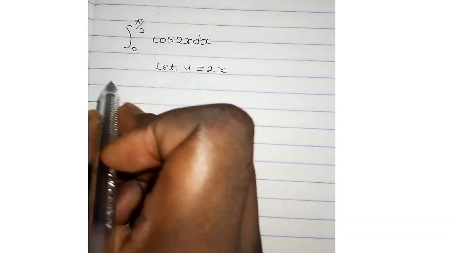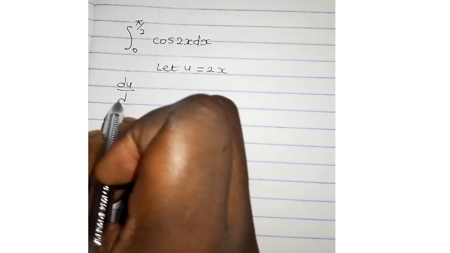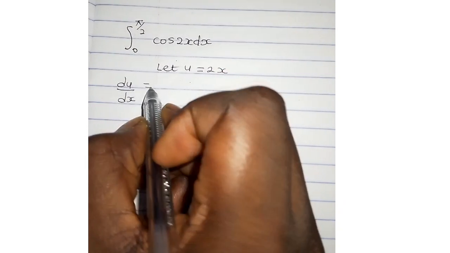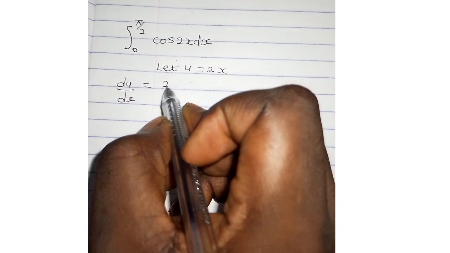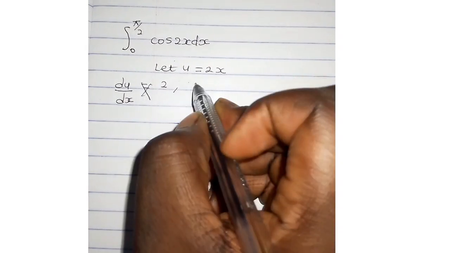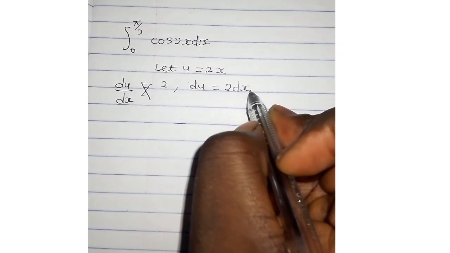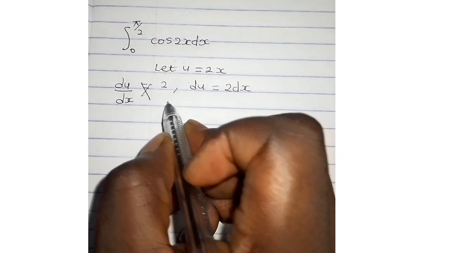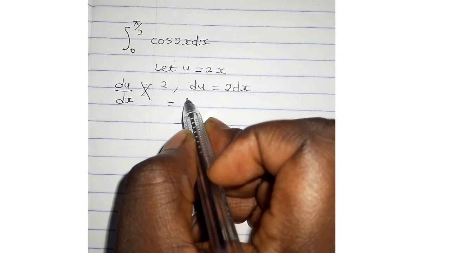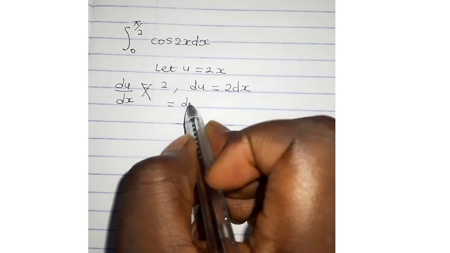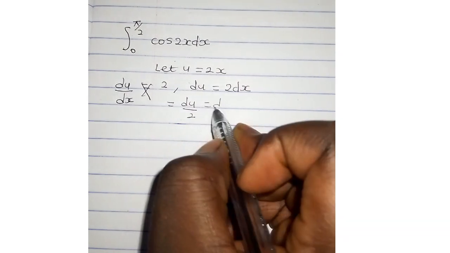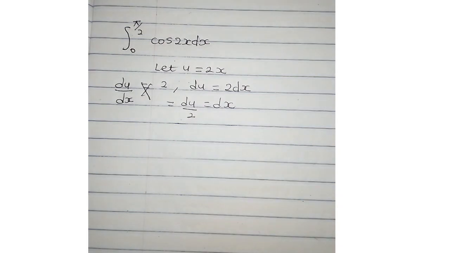Differentiating u with respect to x, we have du over dx equals 2. When we cross multiply, we have du equals 2 dx. Therefore du over 2 is equal to dx. Now we're going to substitute for x and 2x into this.